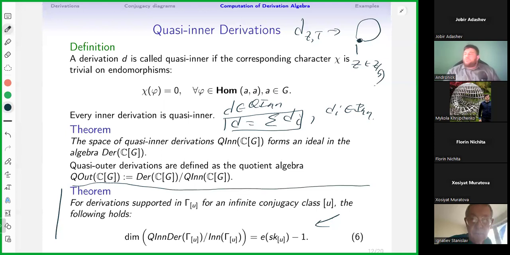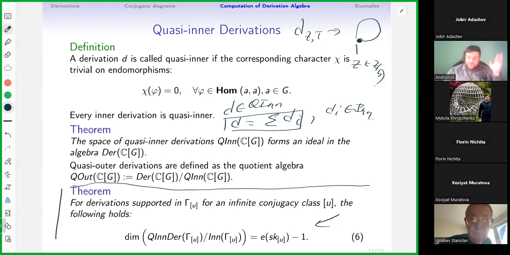And for example, the result of Johnson, which I mentioned, is that in L1, all derivations are inner if G is amenable. Looking here, that means the following. If G isn't amenable, then all derivations are quasi-inner.